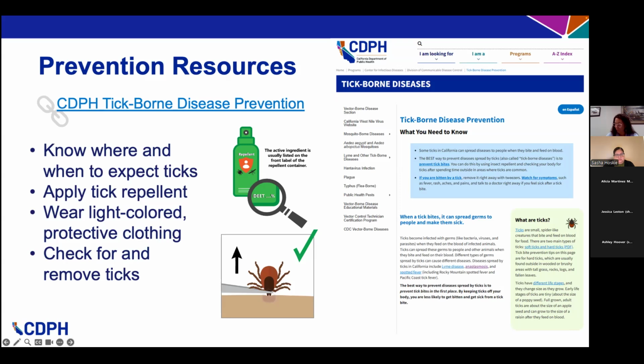They like to find warm places to settle in for their blood meal, and any that you find you can remove with very fine-tipped tweezers that you see here. And we also have some animations and resources for removing ticks on our website.